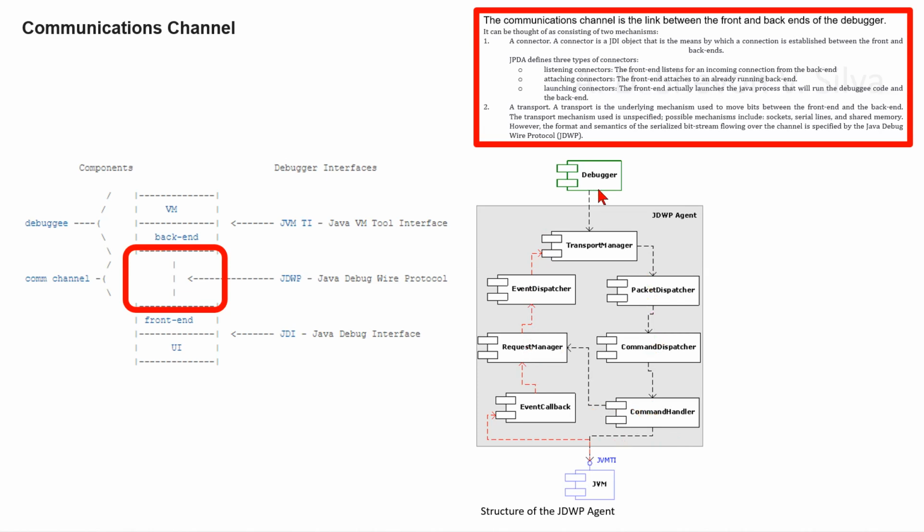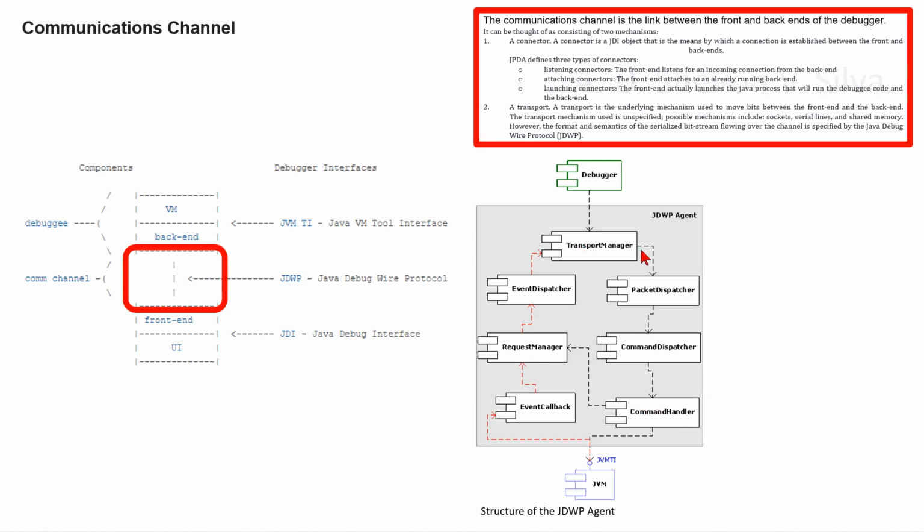Here you can see the debugger is connected to the transport manager. Transport manager, packet dispatcher, command handler, event callback, request manager, and event dispatcher are inside the JDWP agent.